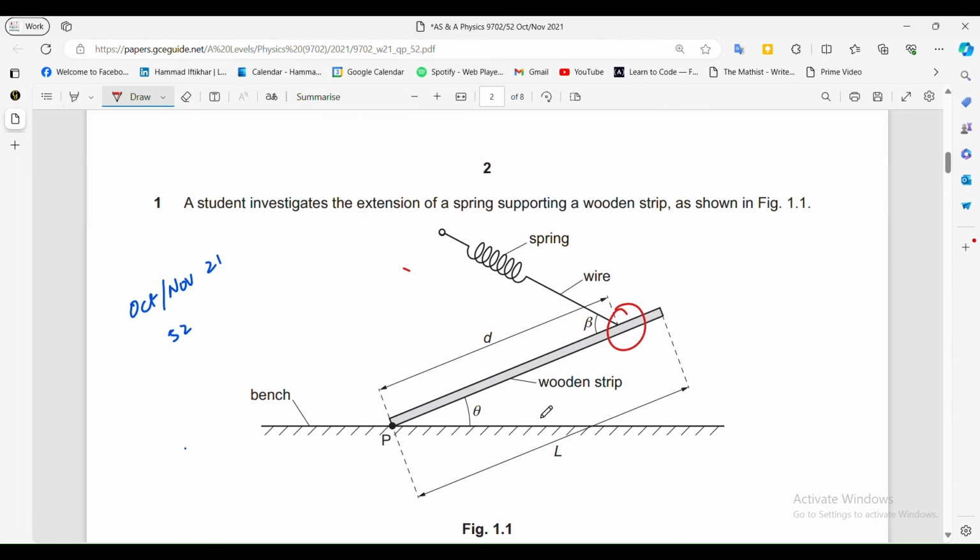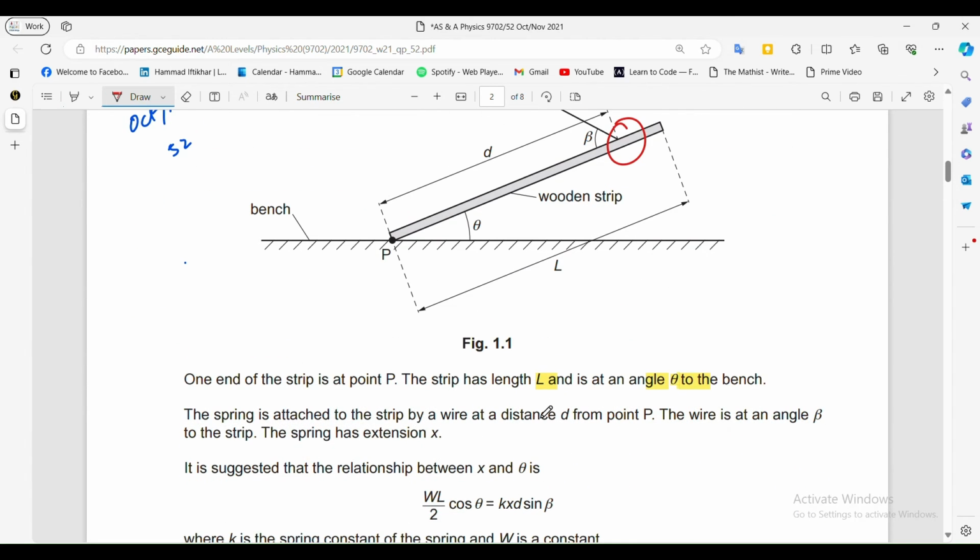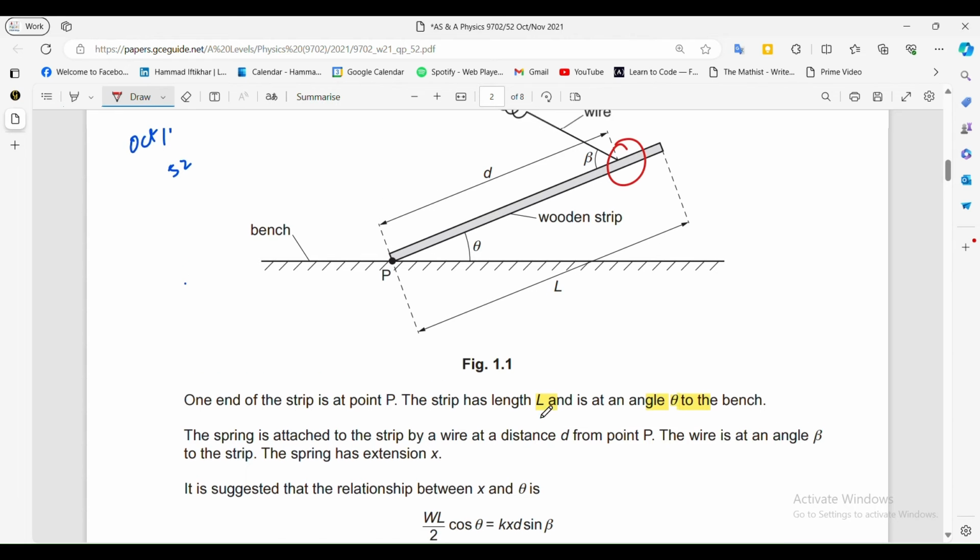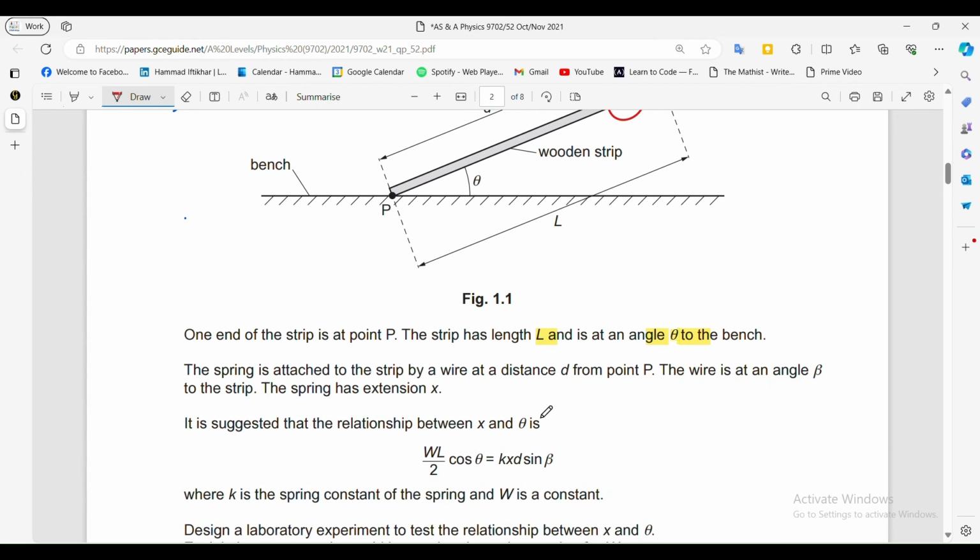The spring has extension X. The wire is basically attached to the spring. It is suggested that the relationship between X and theta, where X is the extension and theta is this angle over here, is given by the expression shown, where K is the spring constant of the spring and W is a constant.